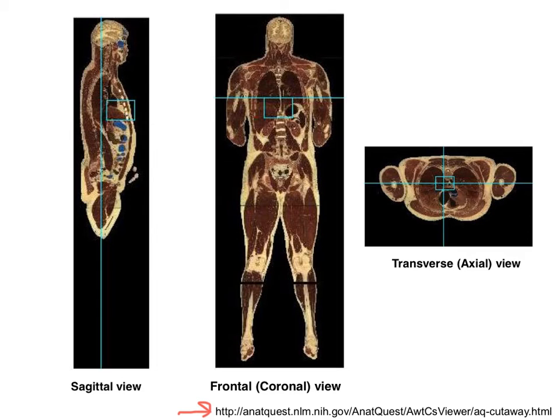This is a frontal or a coronal view. Because it is a coronal view, you can actually see the limbs, both legs and at least both upper arms are in the section. You can see what the brain looks like. You can see both lungs in that view. If you're looking at the transverse view, the axial view, you're looking at basically a cross section.